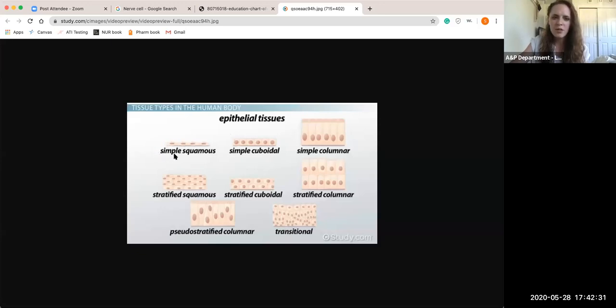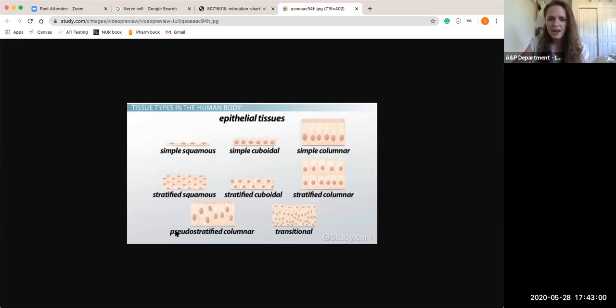So simple means one layer. Anywhere you see simple, one layer. Stratified means many layers. That can either be two, like these examples have, or many. It just is more than one. So simple means one layer. Stratified means many layers, 2+ layers.